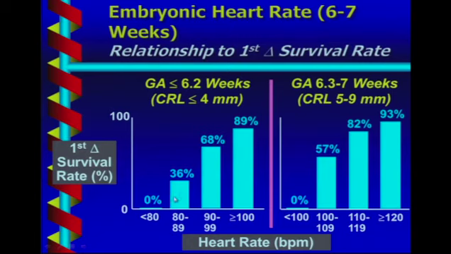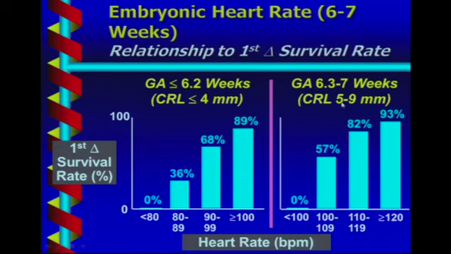At 80 to 89 beats per minute, there's about a 1 in 3 chance that it'll make it, about a 2 in 3 chance if it's in the 90s, and the likelihood of first trimester survival plateaus when the rate hits 100. So 100 or above can be considered normal in the very early first trimester.